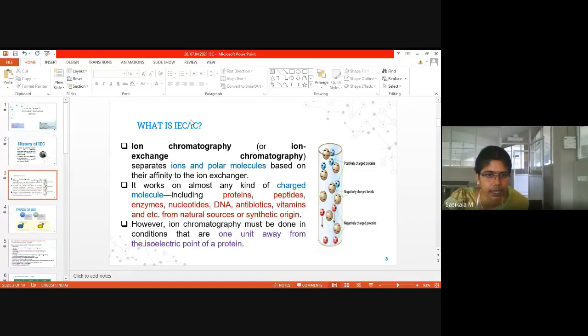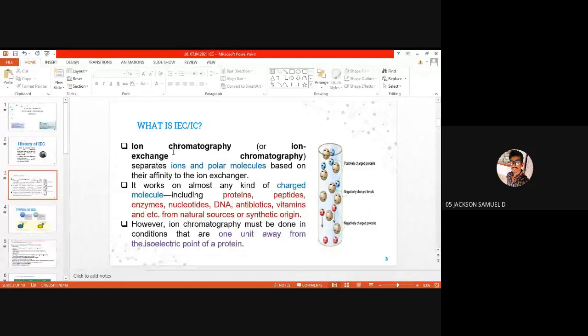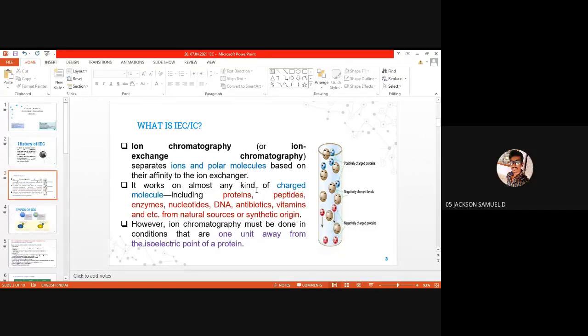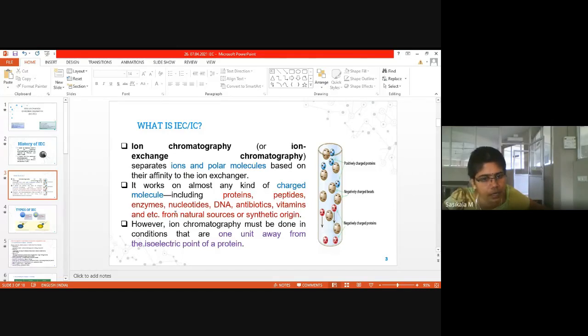So what is IEC? What type of molecules is it used for separating? Can anyone answer? Ions and polar molecules. What are examples of charged molecules? Proteins, peptides, enzymes, nucleotides, DNA, antibiotics, vitamins.